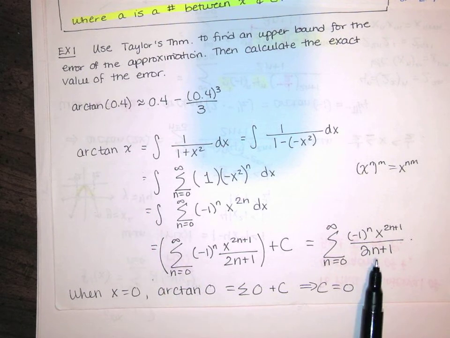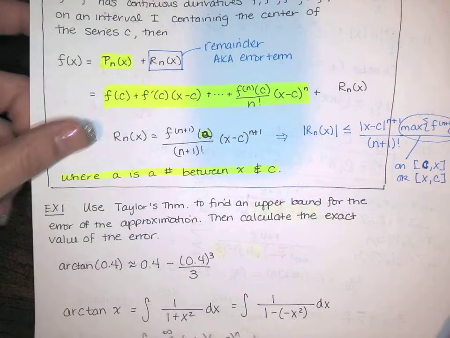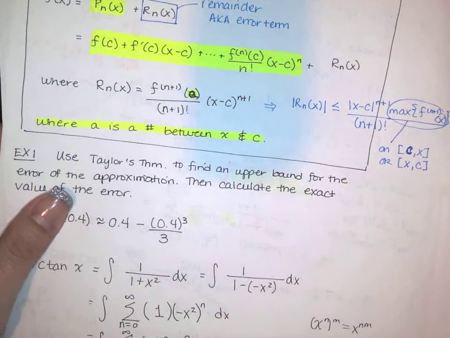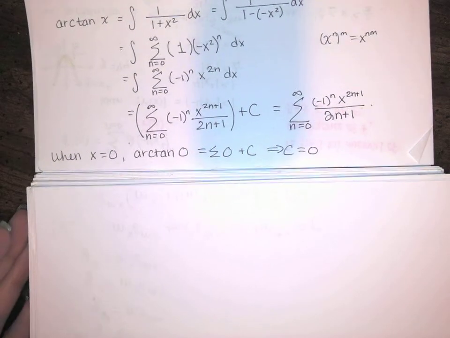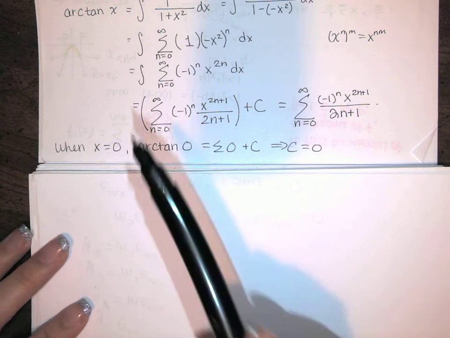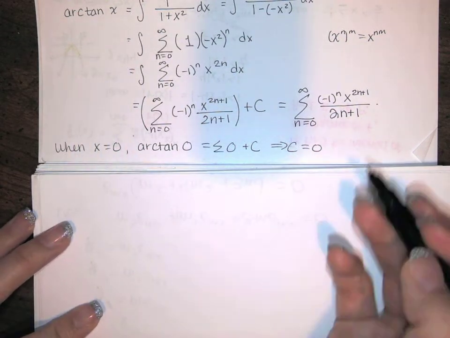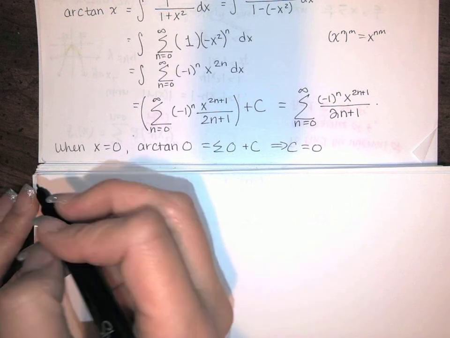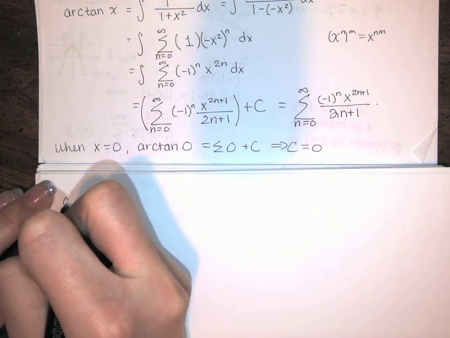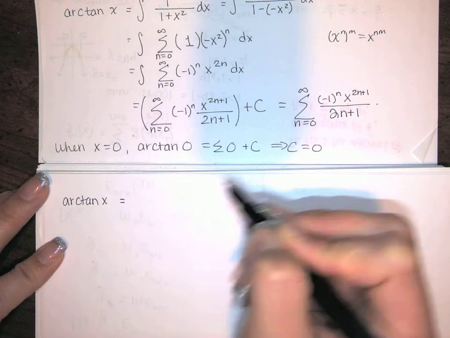So arctangent can be written this way. And so we can think of the partial sums of this series as good approximations to the function arctangent of x, as long as we stay near the center, which is x equals 0.